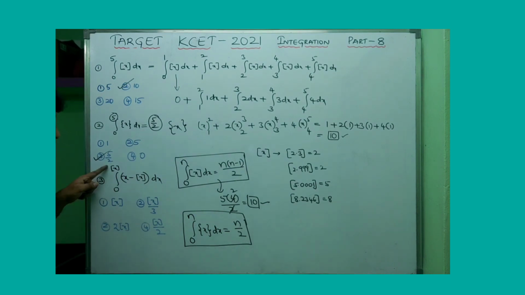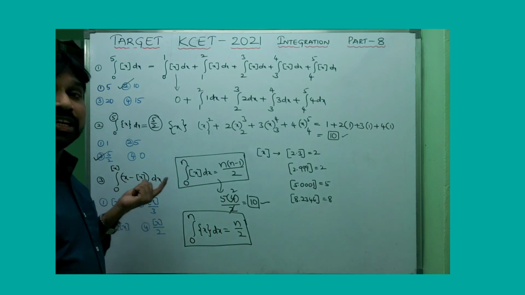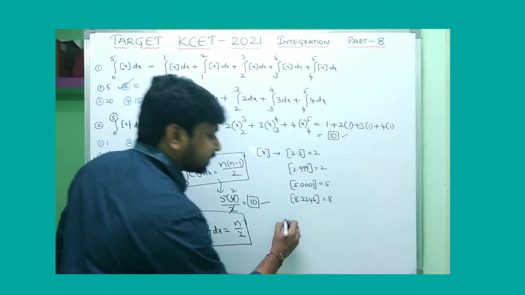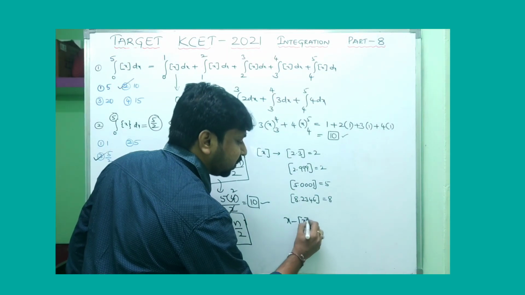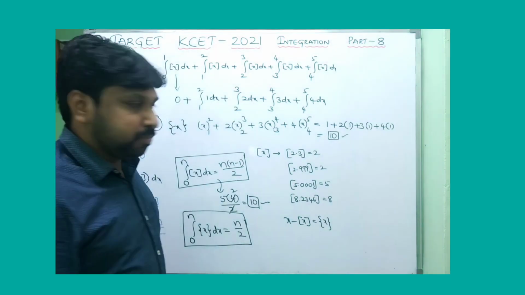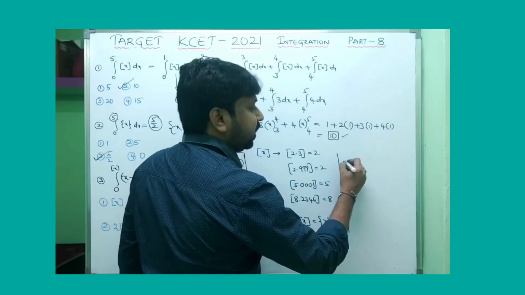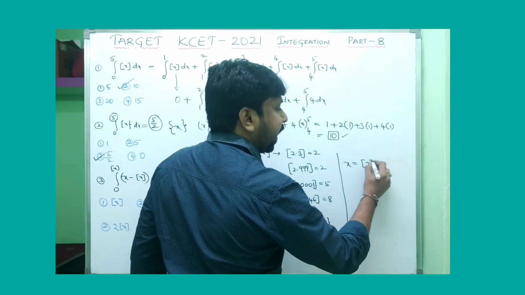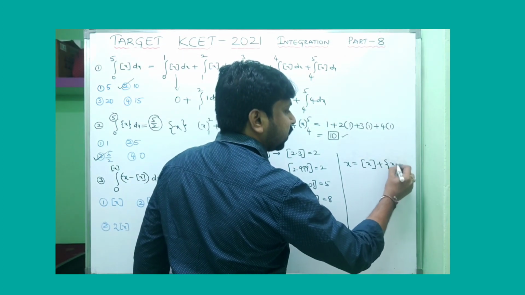Integral 0 to bracket x of x minus greatest integer function is given. Actually, x minus greatest integer function means what? It means the fractional part of x only. Why? Because x can be expressed as bracket x plus fractional part of x.